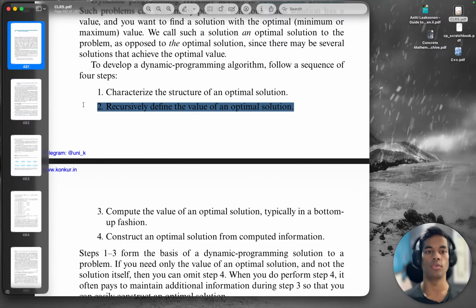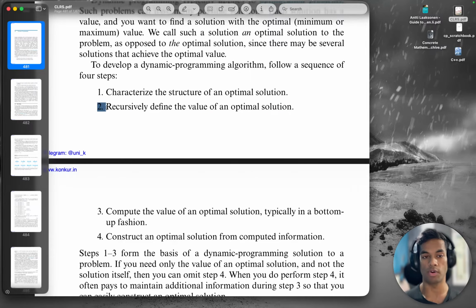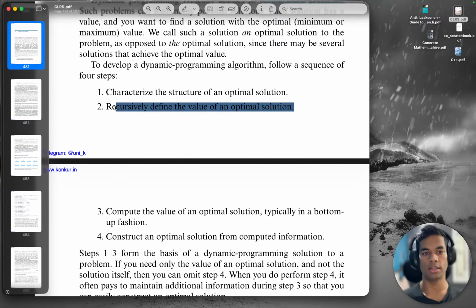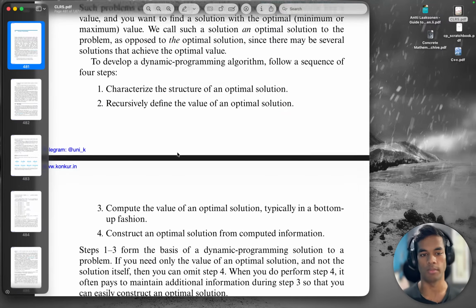That is, if you know the optimal solution for some smaller subproblems, then how would you use that to find the optimal solution to your higher level problem, which is not a subproblem.